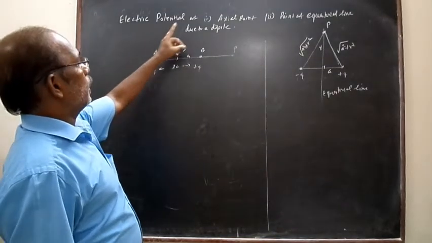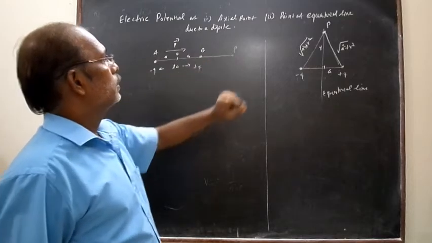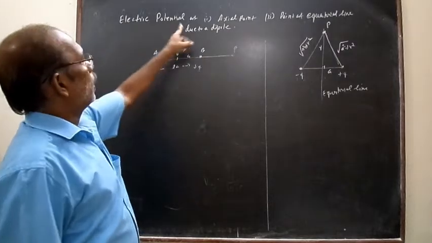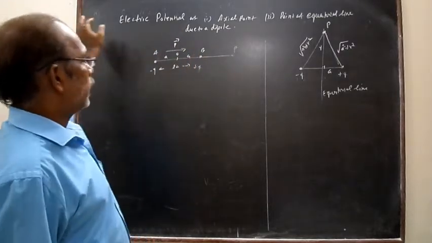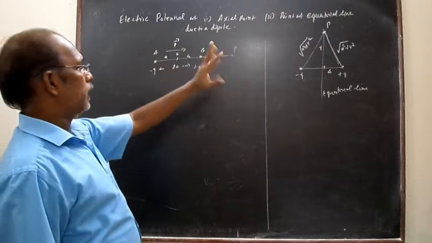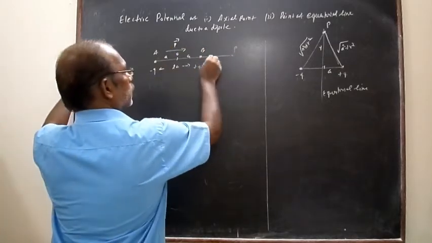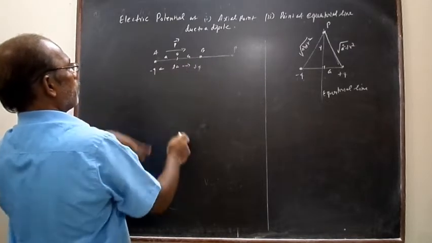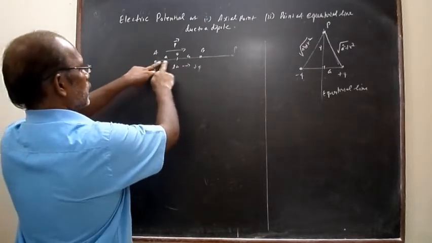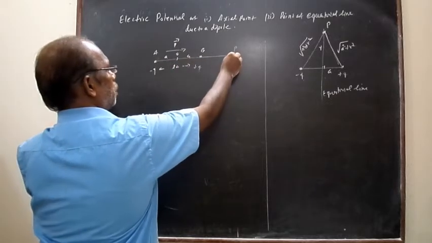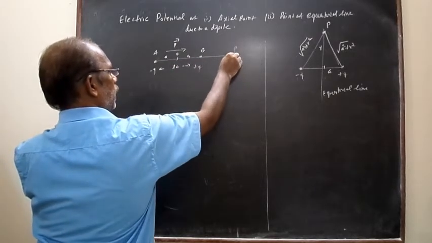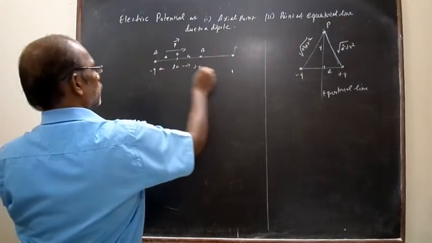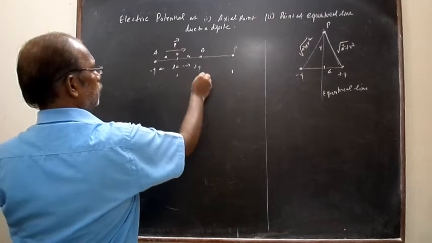Electric potential at an axial point and electric potential at an equatorial point due to a dipole. This is a question we had already discussed, but this is a separate discussion. So this is the axis of the dipole, the separation 2a, minus q, plus q. If you extend the axis to the point P, P is a point along the axial line. The distance of P from the center of the dipole is r.